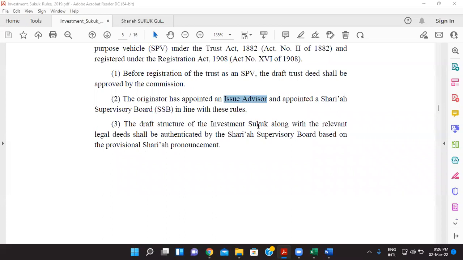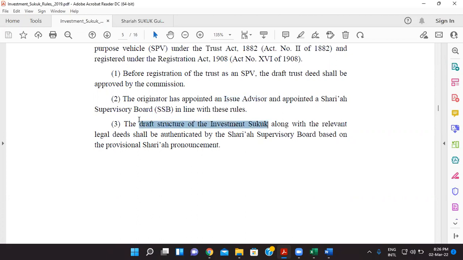The draft structure of the investment sukuk, along with the relevant legal documents, shall be authenticated by the Shari'ah Supervisory Board based on the provisional Shari'ah pronouncement. Here, the draft structure of the investment sukuk.